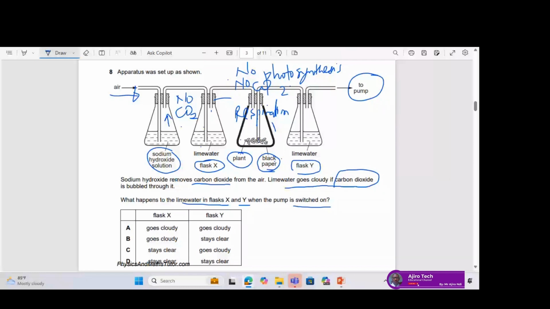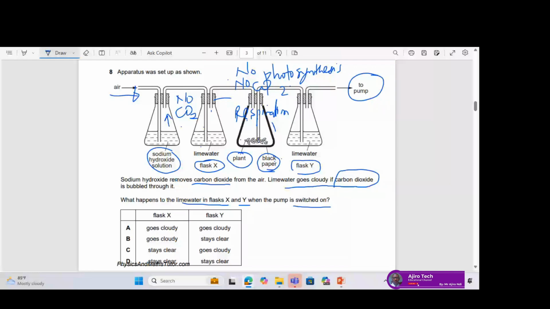And when they respire, what is the waste gas produced during respiration? What's the waste gas produced during respiration? Are you with me? Yes.